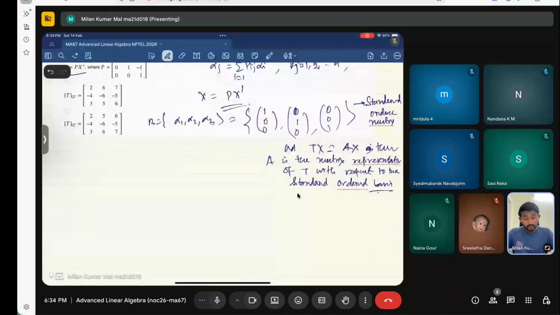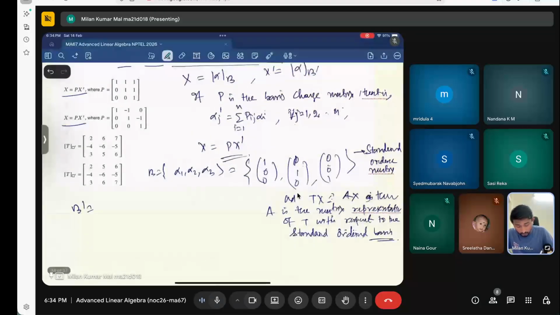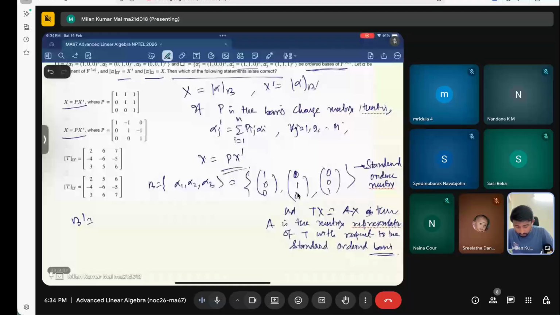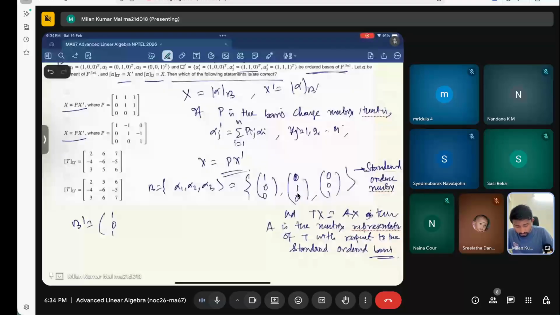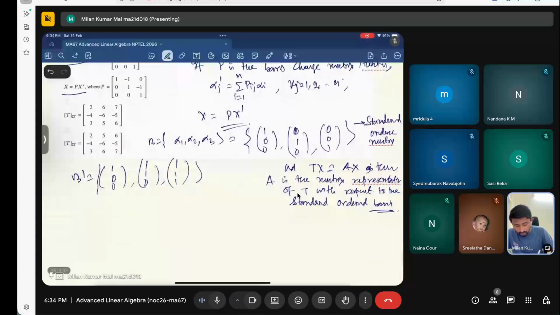So this is beta, and what is beta dash? Beta dash is the column vectors 1 0 0, 1 1 0, and 1 1 1. Clearly one can note that 1 0 0 is alpha 1 dash, which equals alpha 1.